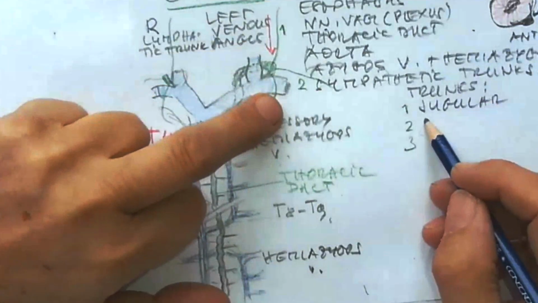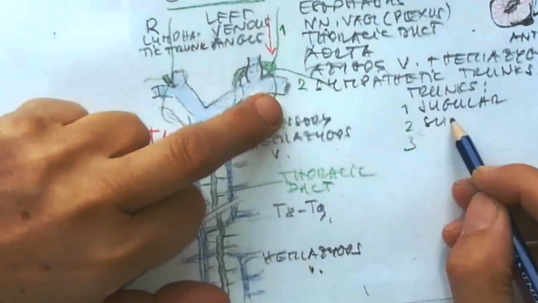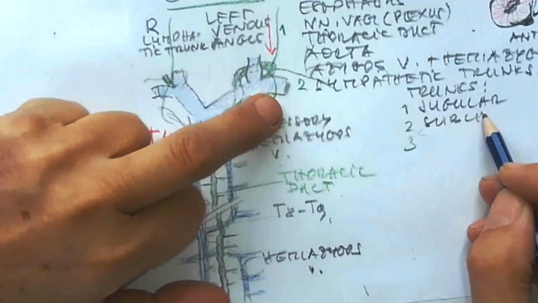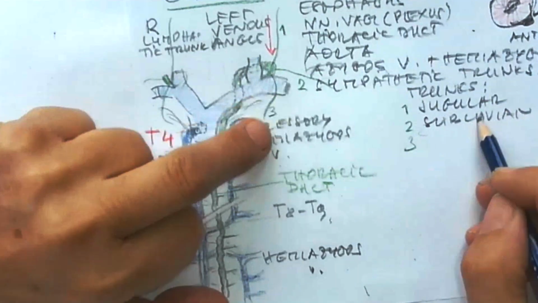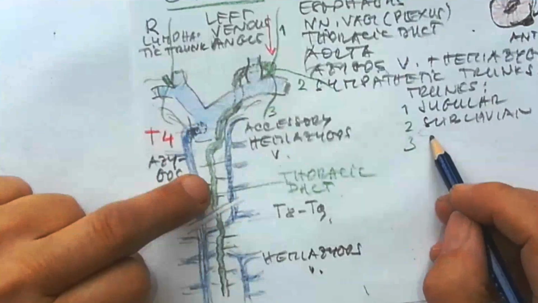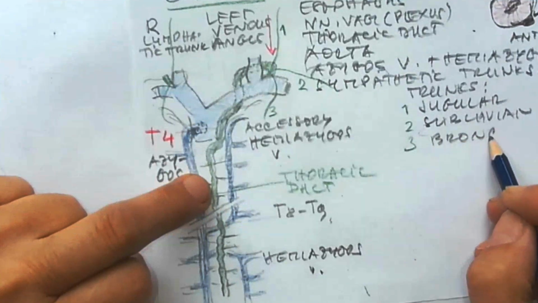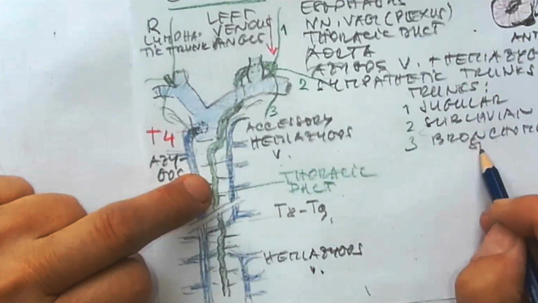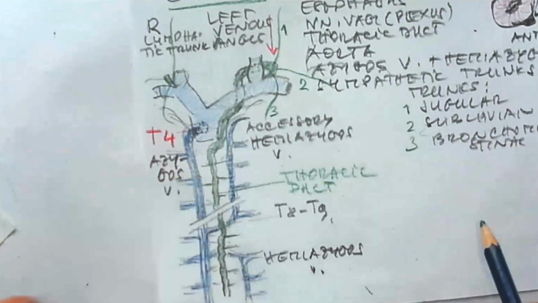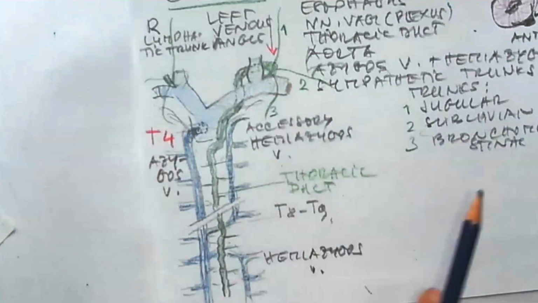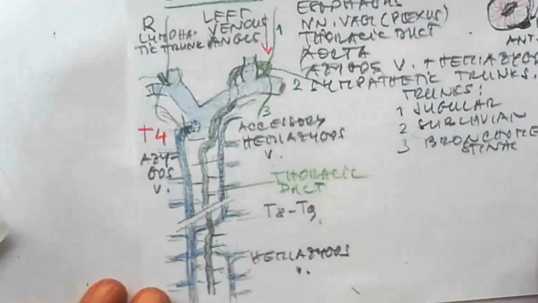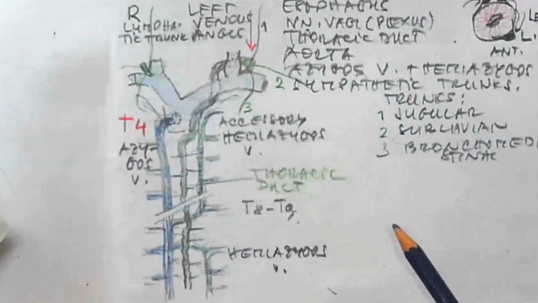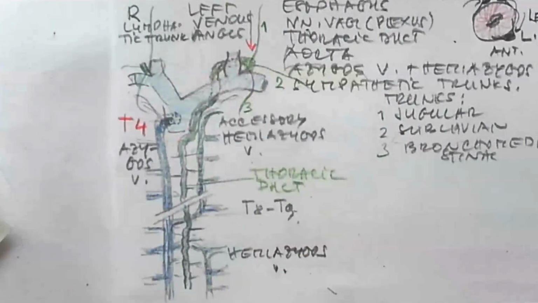Number 2 is the subclavian, like subclavian artery and vein. Last one, bronchomediastinal. So we know that these trunks can also open directly into the veins, not only into the thoracic duct or the right lymphatic trunk. Doesn't matter. This is quite easy.